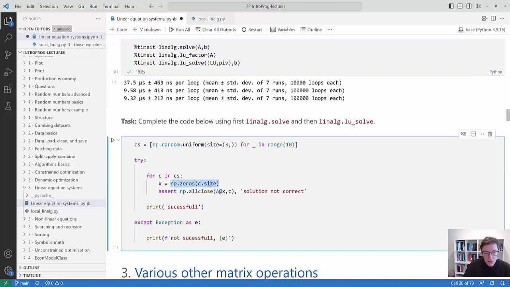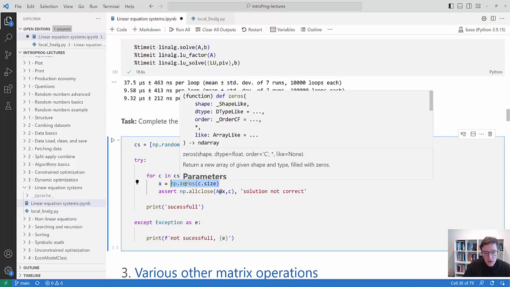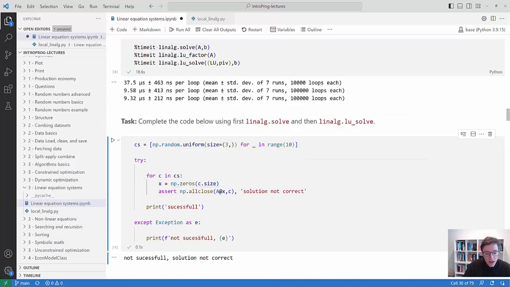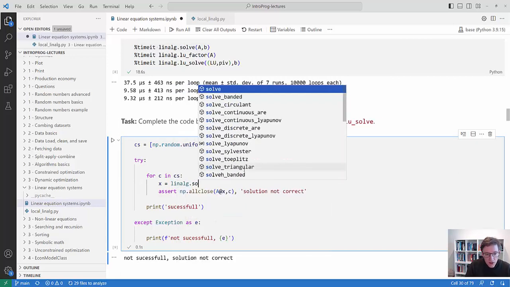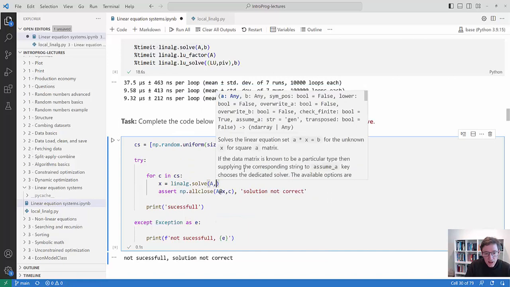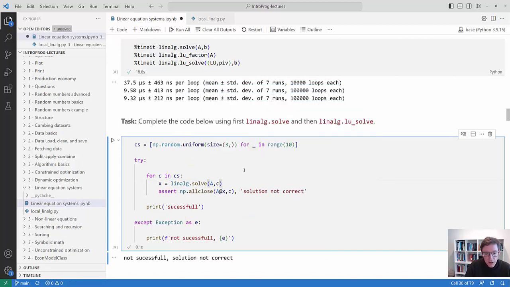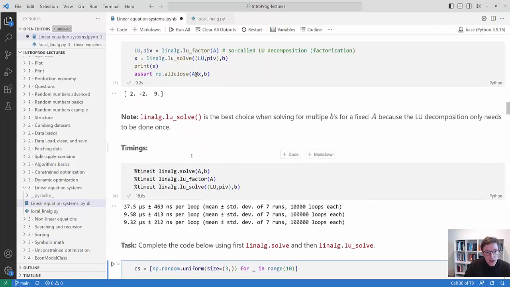So if we want to do it with linalg solve, then here we're just creating an x that's equal to 0. If I run this now, it's not successful. Solution is not correct. Okay, so I could replace this with linalg.solve, and then I could put in my A, and now I need to put in my C matrix here. And you can see now this is successful. Then I could use the LU solve. So let's remember, what did we do there?